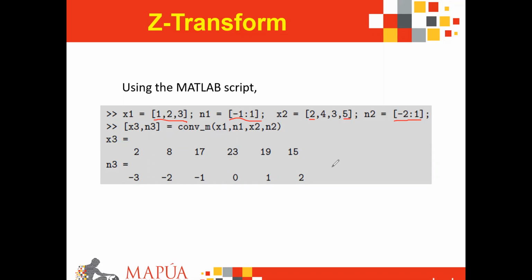Did you get it? Okay, so it will now show the convolution value, which is this, and give the position of n: n equal to negative 3, negative 2, negative 1, this is your n at 0, n at 1 and n at 2.